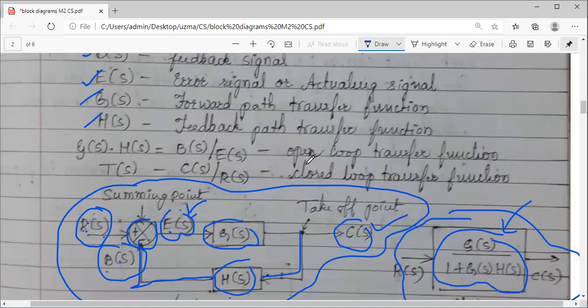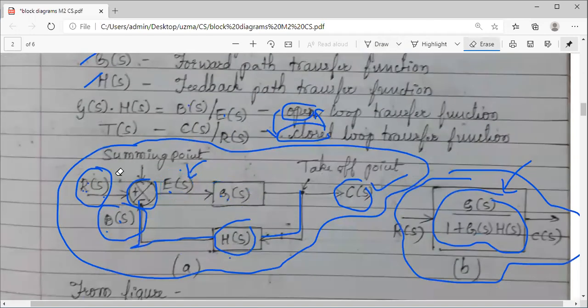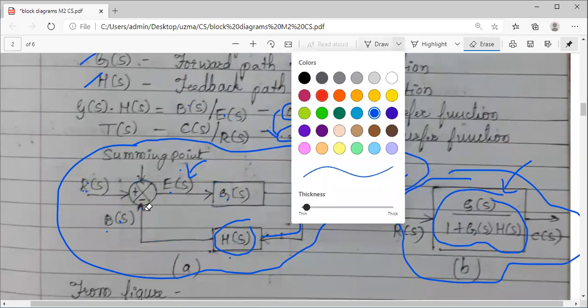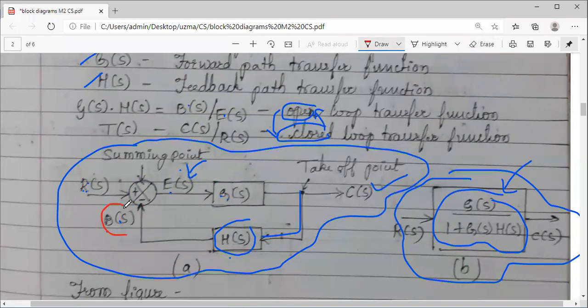And as these two terms have to be exchanged. B by E, so what is B by E? We can look into this figure. B is your feedback signal and E is your output.